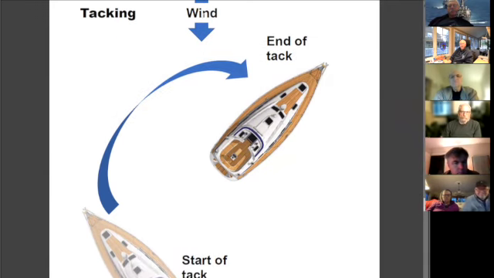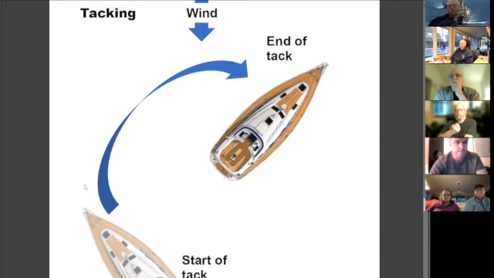So here the wind, again, is from the top of the page. We're sailing along and we would be sailing on a starboard tack here. Now I can't sail into the wind, so I make a tack, and now I'm on a port tack. I've turned the bow of the boat through the wind.